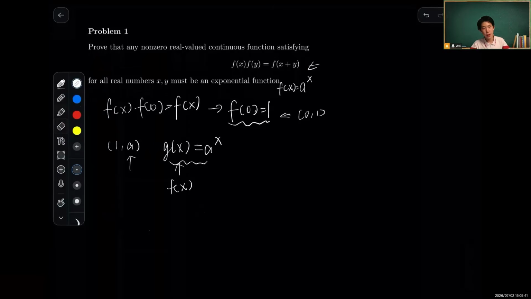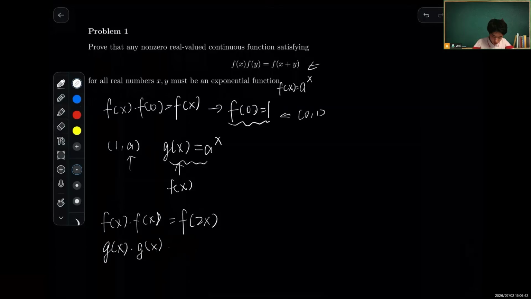And we have to plug in some special values again. f(x) times f(x), assuming x is equal to y, is equal to f(2x). So given f(x), we can find f(2x). Now note that g(x) times g(x), which is equal to a to the x times a to the x, is equal to a to the x power squared, which is equal to a to the 2x power, which happens to equal g(2x).